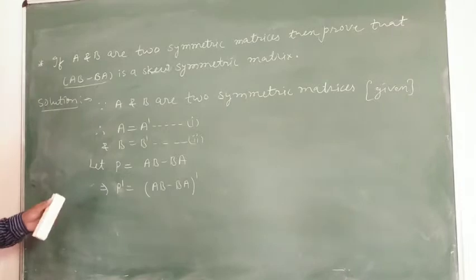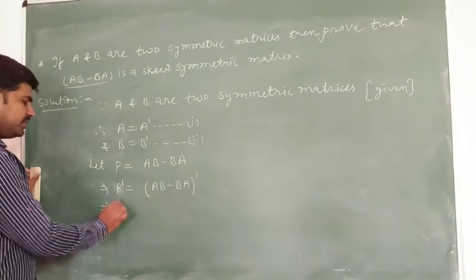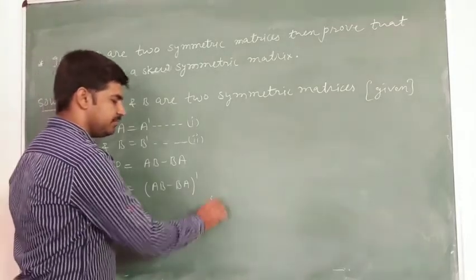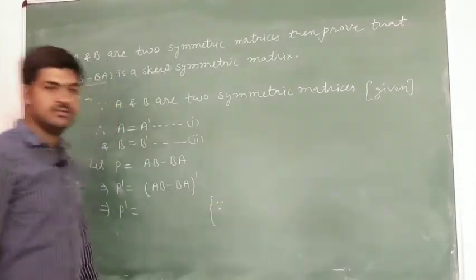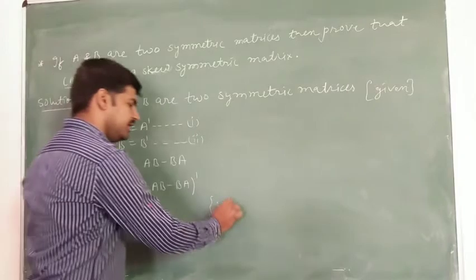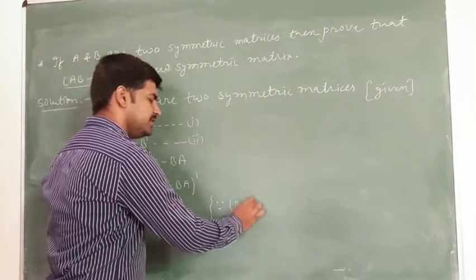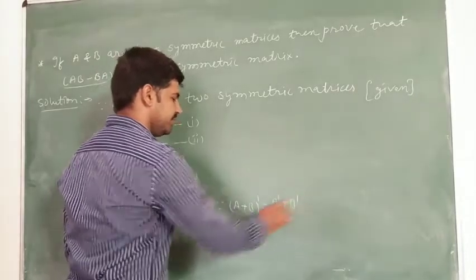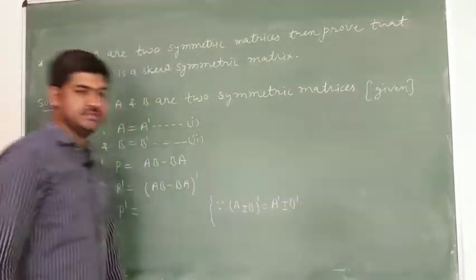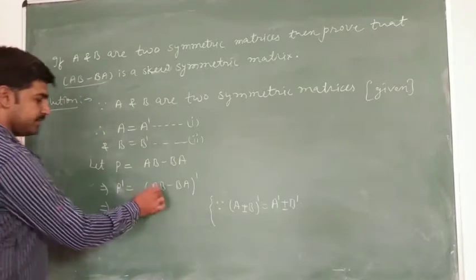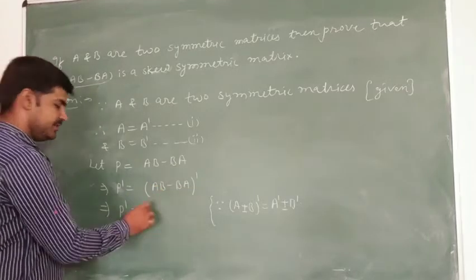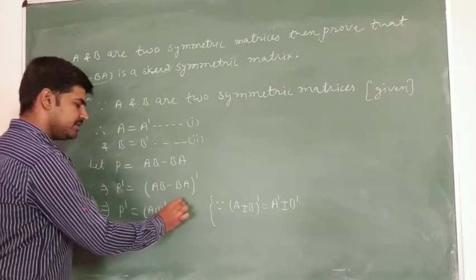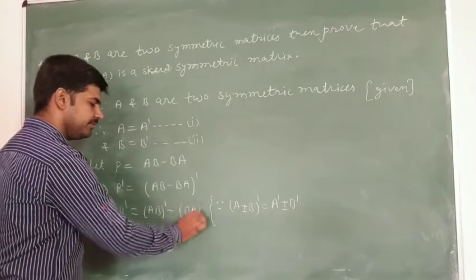We know one property of transpose of matrices: transpose of A plus B is equal to transpose of A plus transpose of B, and that holds for minus as well. Now transpose of AB minus BA is equal to transpose of AB minus transpose of BA.